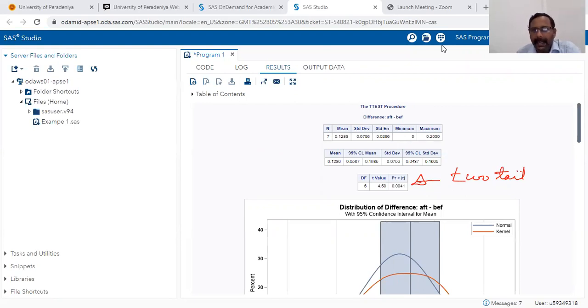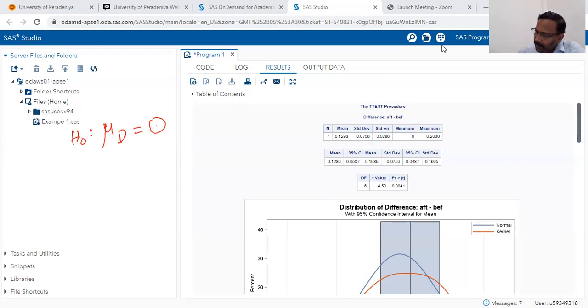If it is for 1 tail, we'll have to divide this by 2 and get the probability value. Make a note of it. For example, for the same example, my null hypothesis is mu d equals 0, alternate mu d greater than 0.